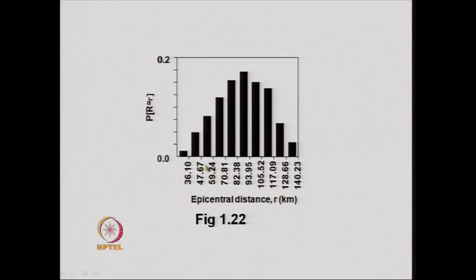And 59.24 has a probability of occurrence of about 0.03.